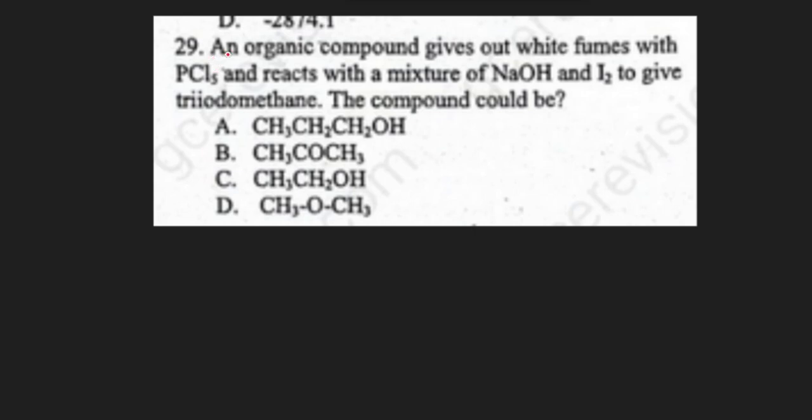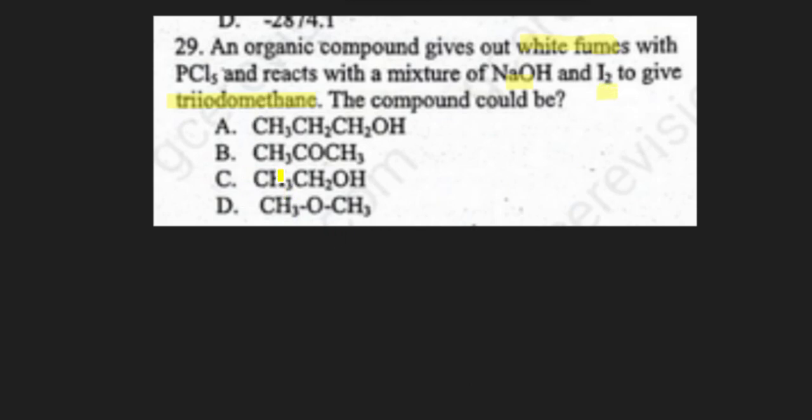Question 29. An organic compound gives out white fumes with PCl5 and reacts with a mixture of sodium hydroxide and iodine to give triiodomethane. The compound could be, so we are based on two aspects here: white fumes with PCl5, and the formation of triiodomethane when reacted with sodium hydroxide and iodine.